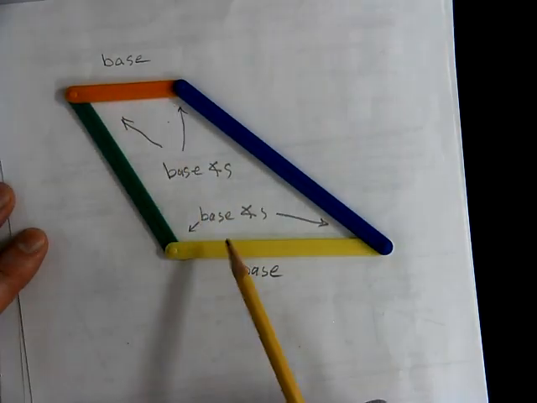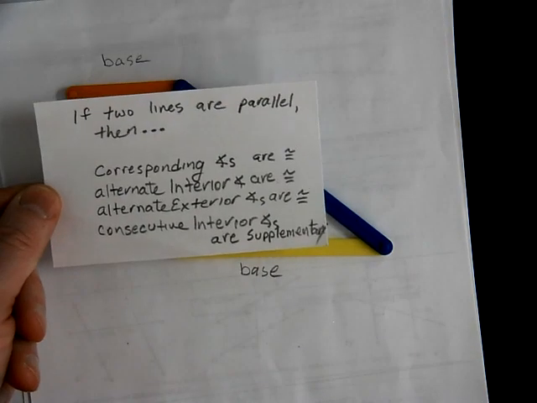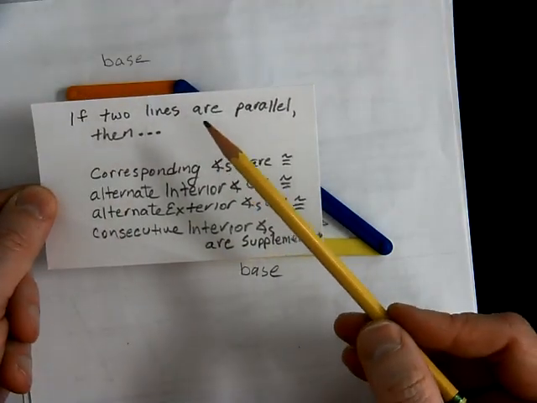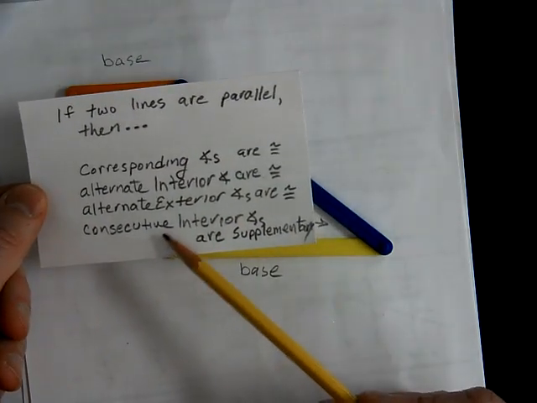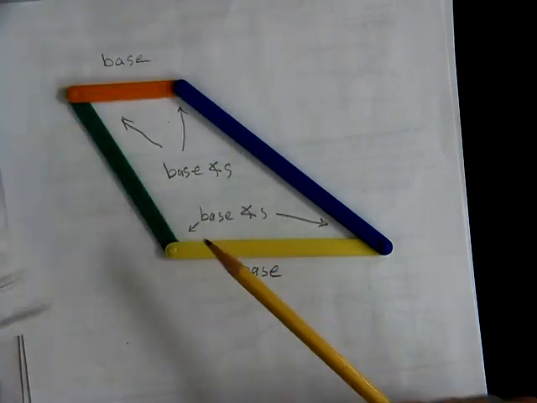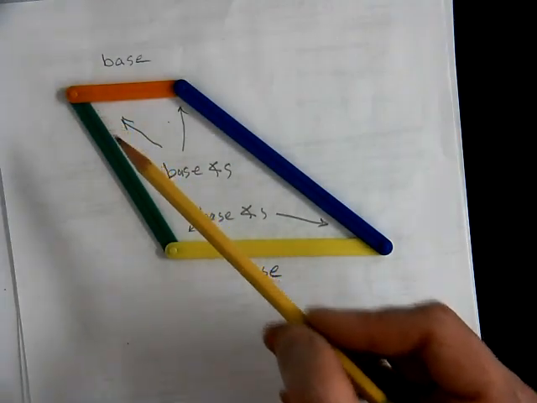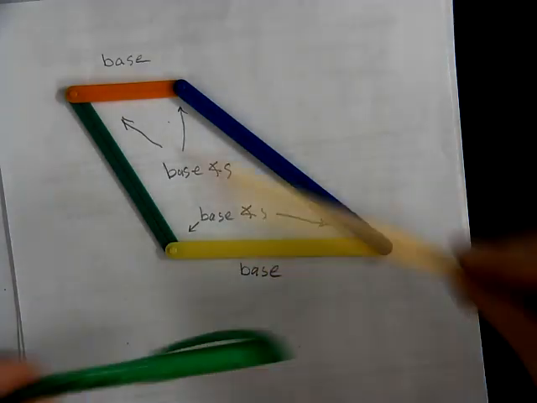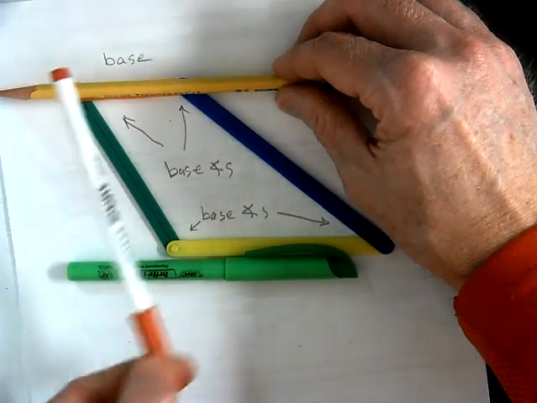If these two lines are parallel to each other, we can talk about our card. What if you have two lines that are parallel? If you have two lines that are parallel, then you know consecutive interior angles are supplementary. That's these two. There's your parallel sides and your transversal.